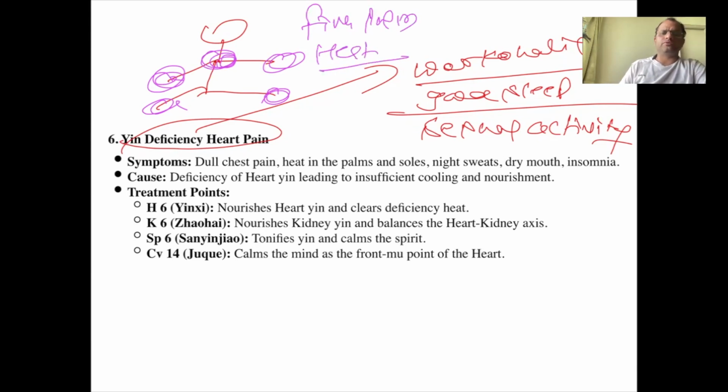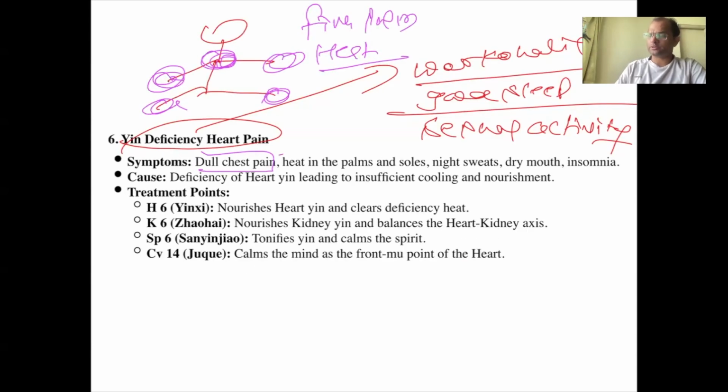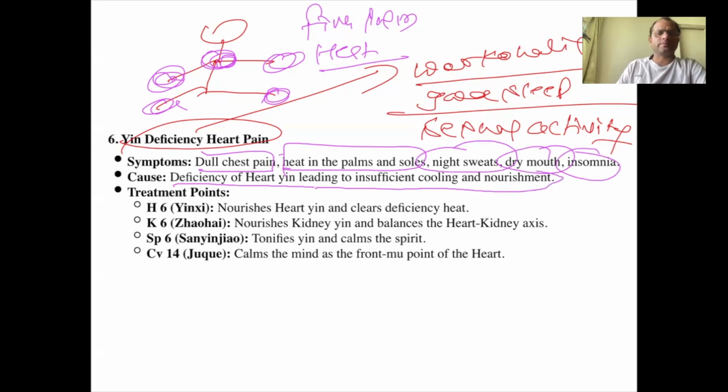It is a sign of yin deficiency. और लक्षण है जैसे कि डल चेस्ट पेन. चेस्ट पेन कैसा होगा? डल होगा. हीट इन द पाम एंड सोल्स, नाइट स्वेट, रात को पसीना आएगा, ड्राई माउथ होगा और नींद नहीं आएगी. So this is deficiency of the heart yin leading to the insufficient. ये yin डेफिशिएंसी है ना.